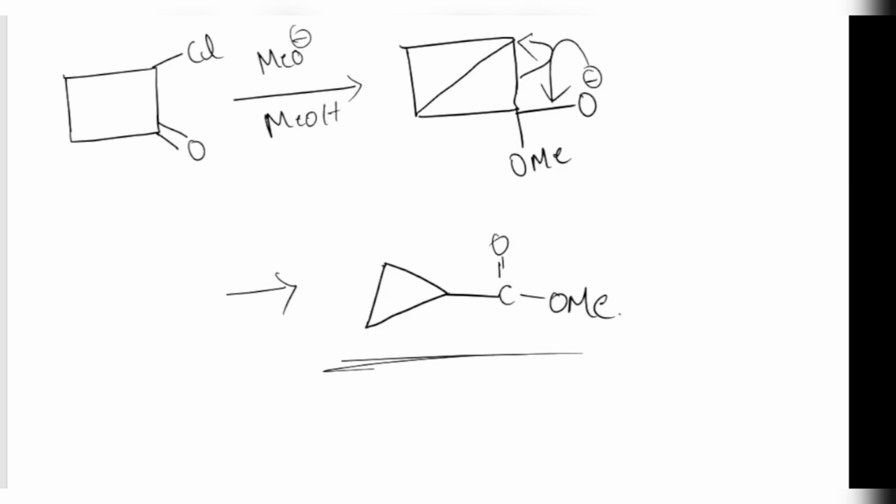Now we'll move on to the next thing. Suppose here I take one example, a very interesting molecule, where carbonyl is there, and again here I will take like this, and here chlorine is attached.